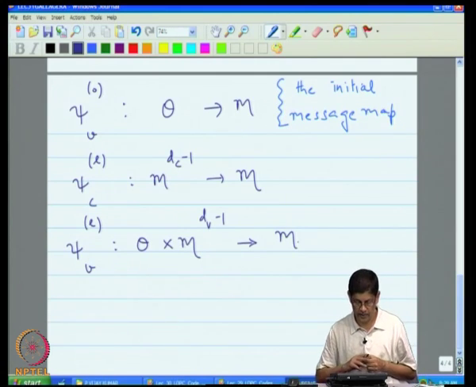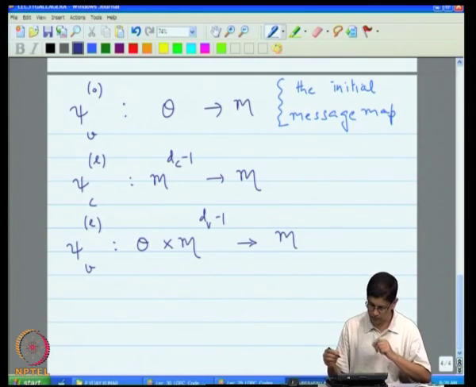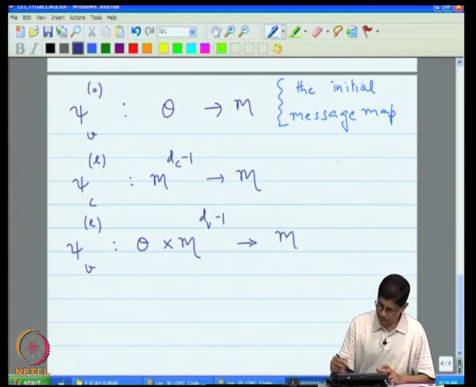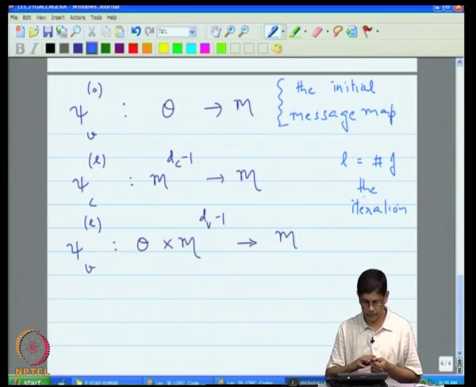So, these are the three maps that are carried out, and so L is the number of the iteration. All right.